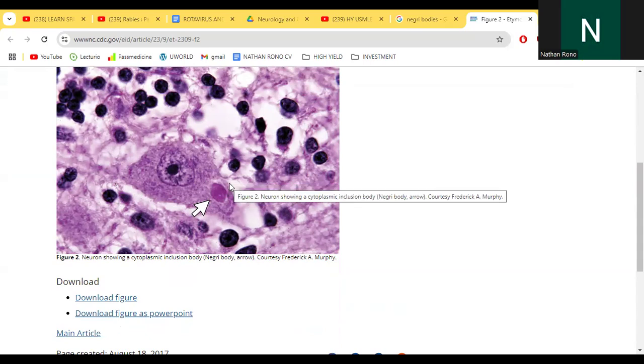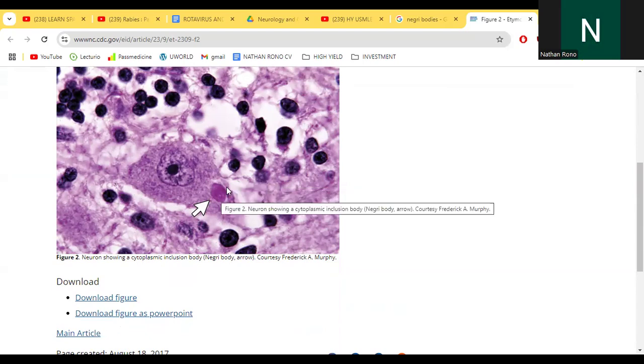What are Negri bodies? Negri bodies are eosinophilic aggregates. These are the viral proteins, the rabies proteins. So they have stained them and you're going to see them.